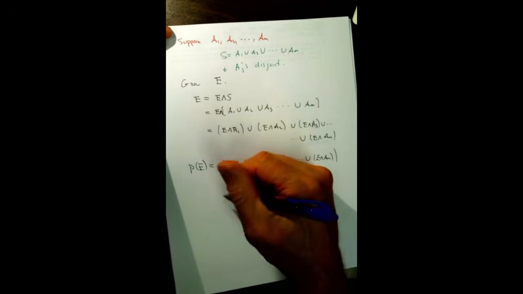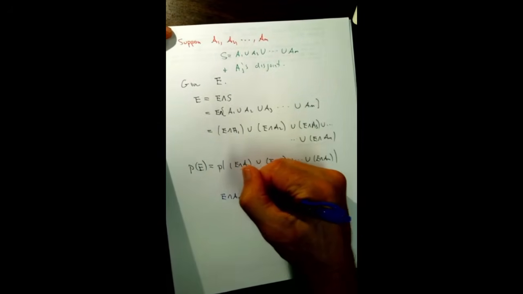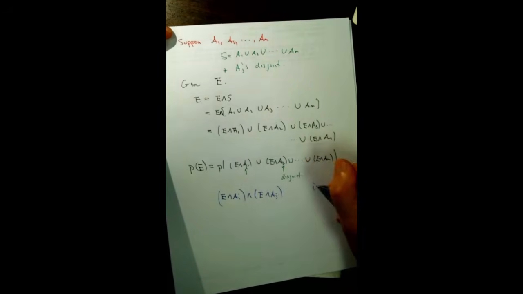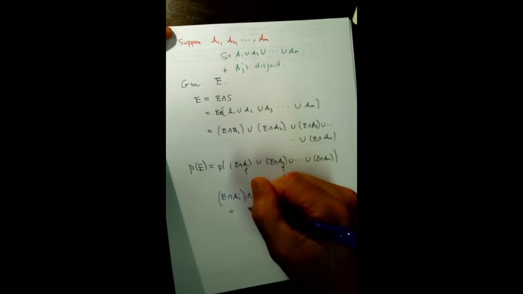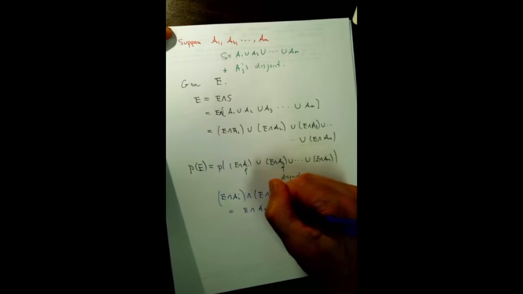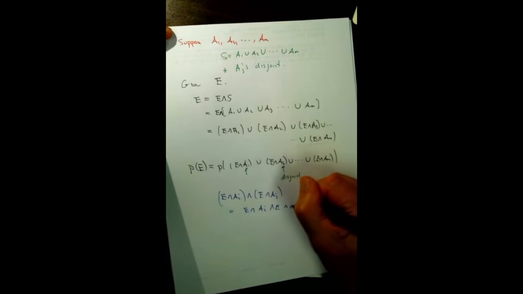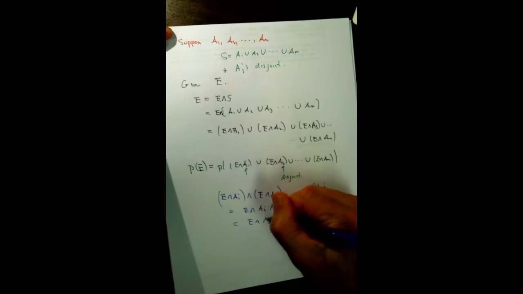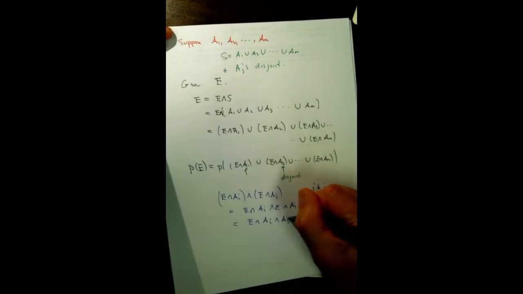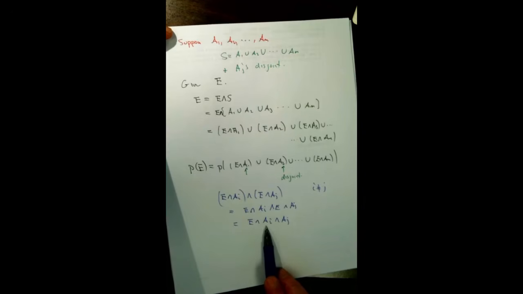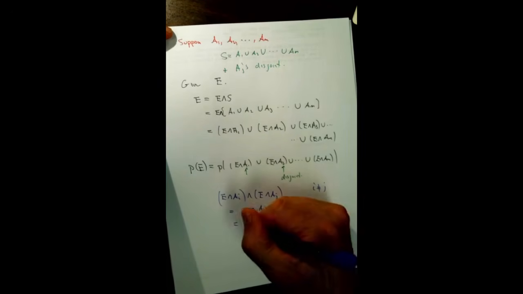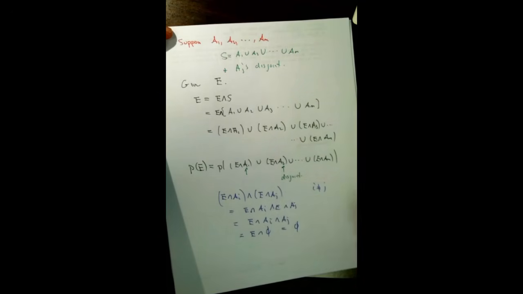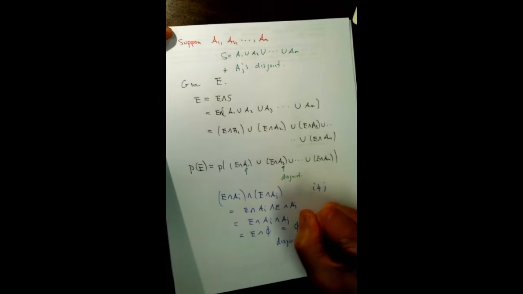If I take E and AI and intersect it with E and AJ, so I is not equal to J, this is the same thing as E and AI and E and AJ, but E and E is just E. So this becomes E and AI and AJ. Well, the intersection of AI and AJ is the empty set, and E in the empty set is just the empty set.